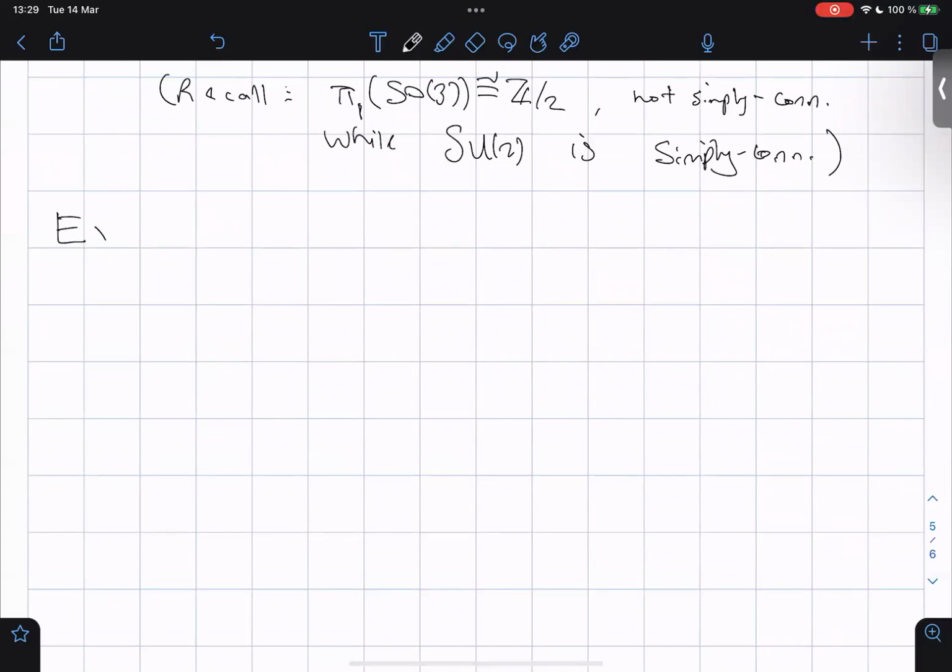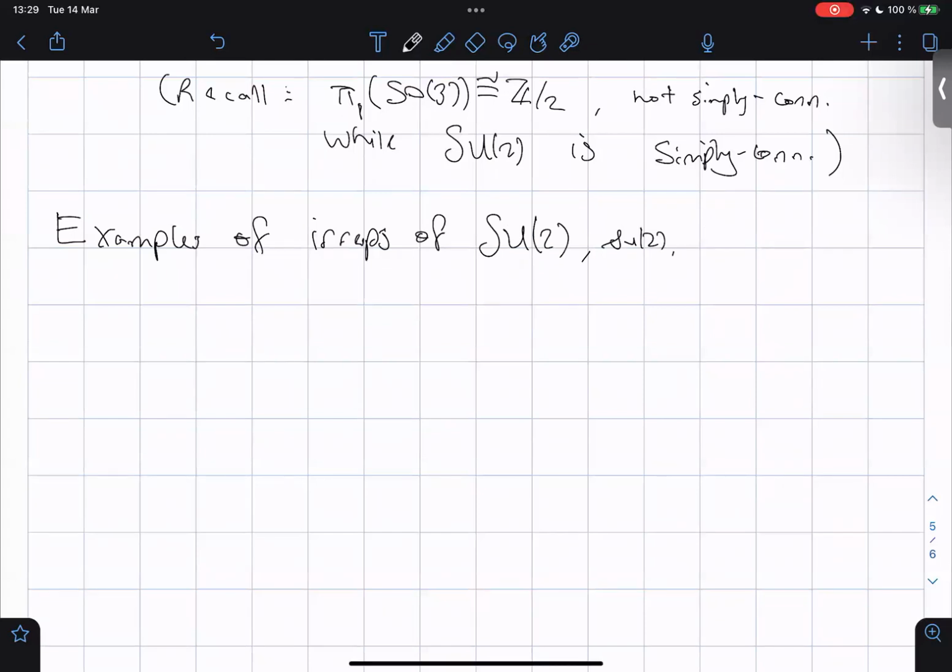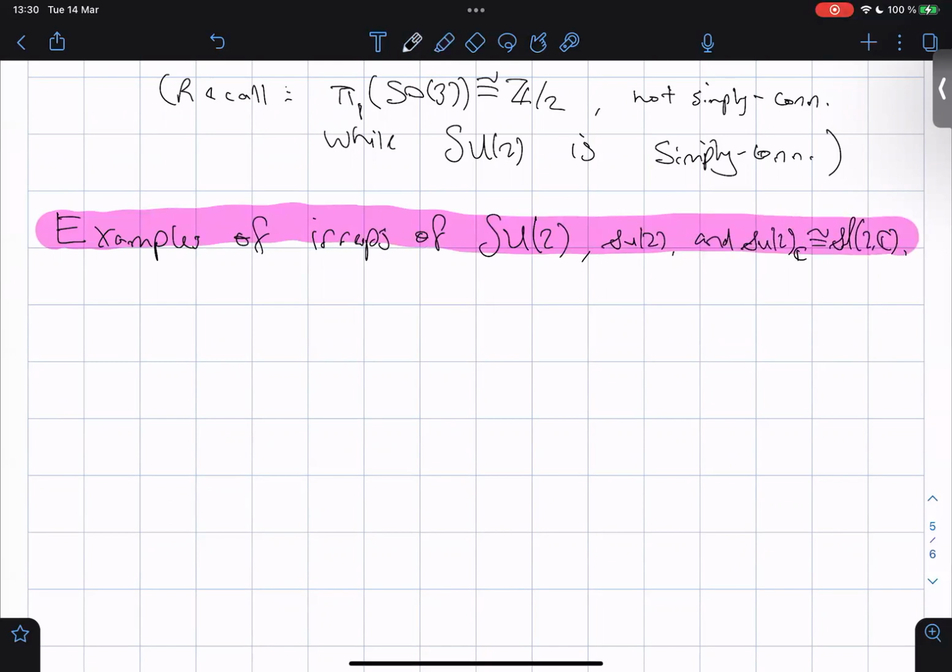So examples of irreps of big SU2, little su2, and its complexification. Okay, so let's first recall SU2.